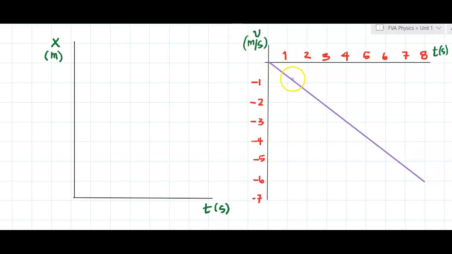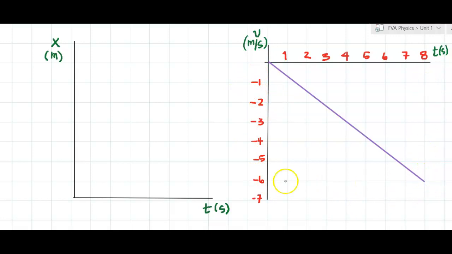So for every time the velocity is more and more negative. So remember, the sign just represents the direction. So a velocity of -2 meters per second is greater than a velocity of -1 meter per second.